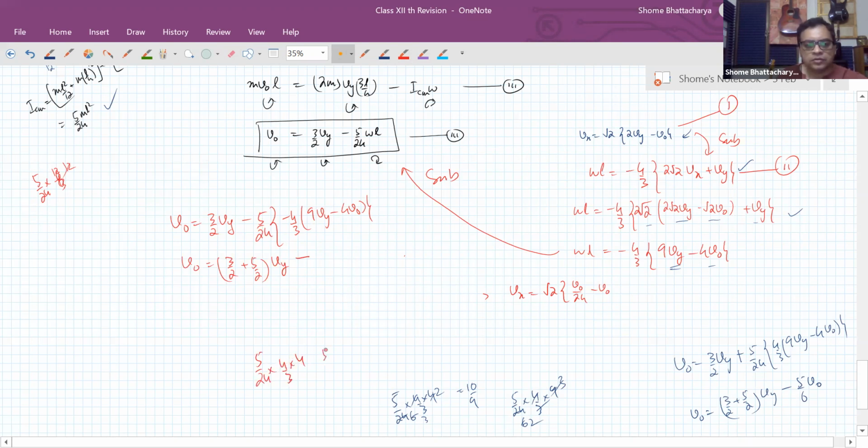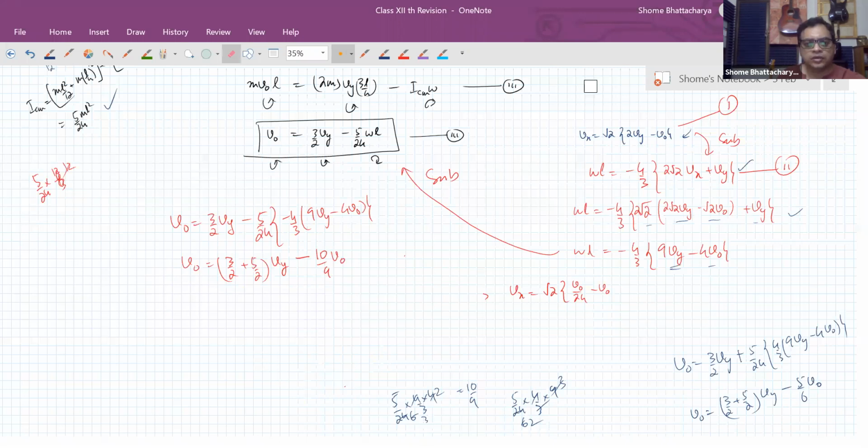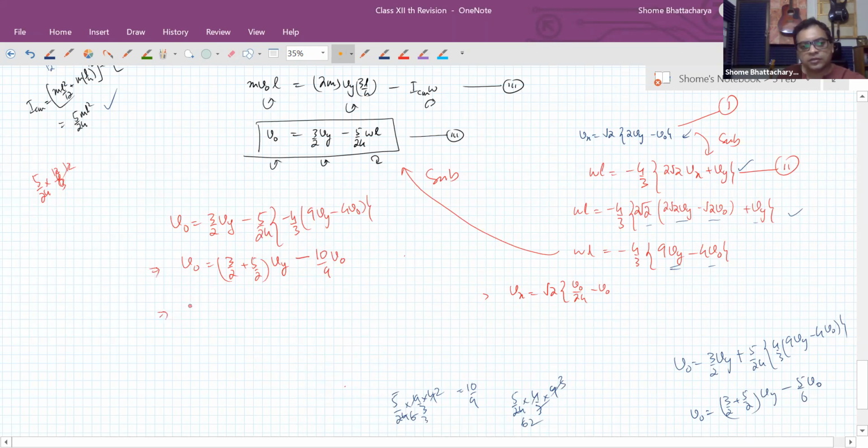So that's 5 into 16/24 into 3. So yeah, 10/9. Is it correct now? Finally, have I got this correct? Okay, good. So Ganesh, maybe your calculation was correct after all.